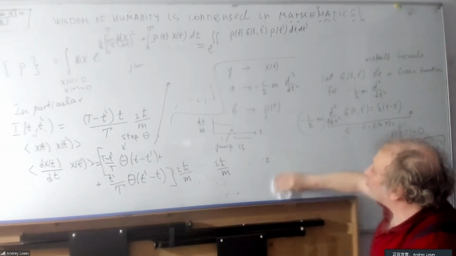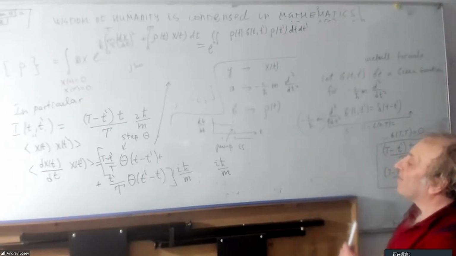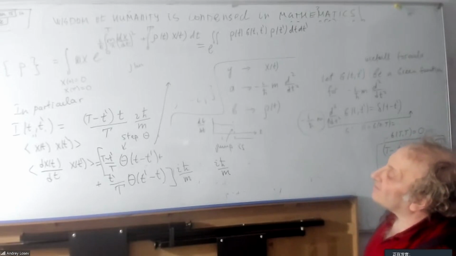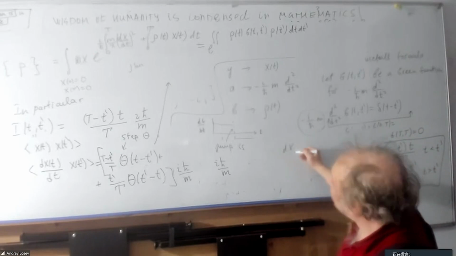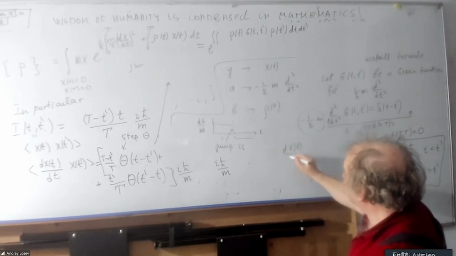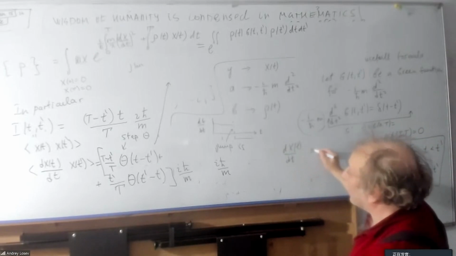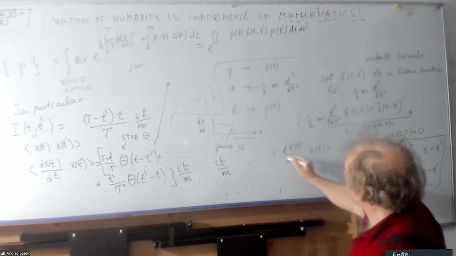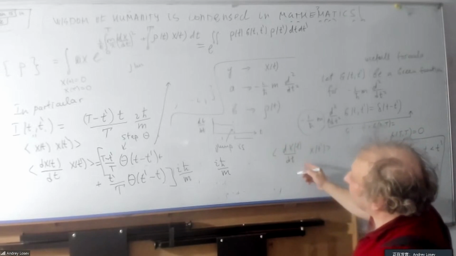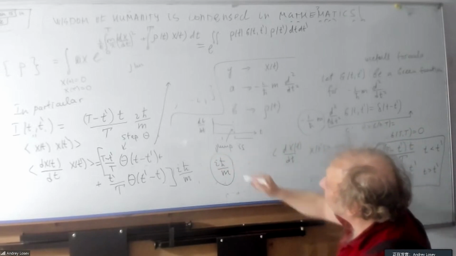So doing this computation, I have seen that dx of t over dt with x of t prime is discontinuous with such a jump.